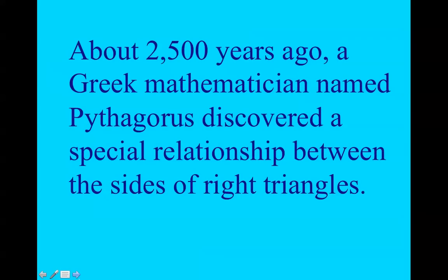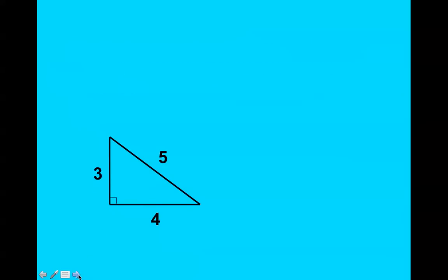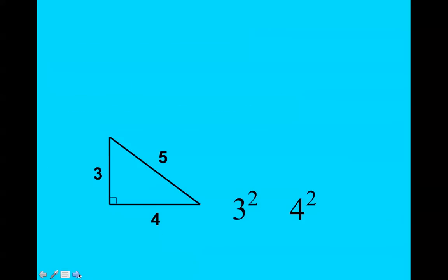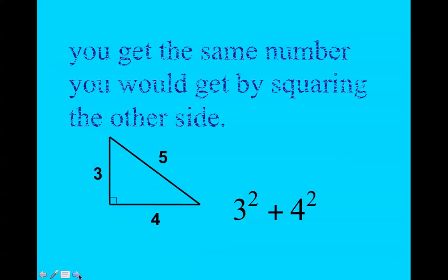Additionally, about 2,500 years ago, a Greek mathematician named Pythagoras discovered a special relationship between the sides of a right triangle. Pythagoras realized that if you have a right triangle and you square the lengths of the two sides that make up the right angle, so this 3 and this 4, then you add them together, you're going to get the same number you would get by squaring the other side.